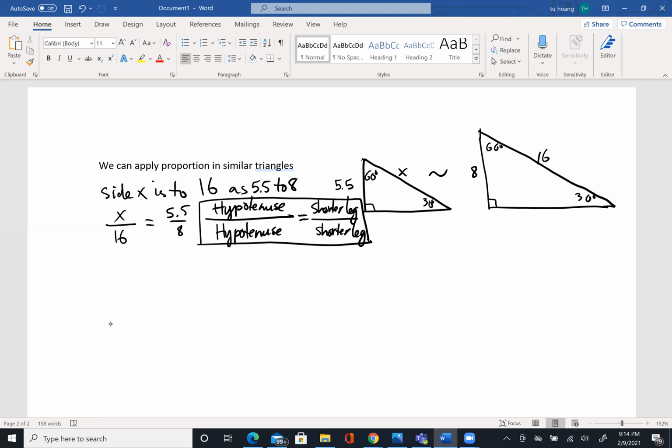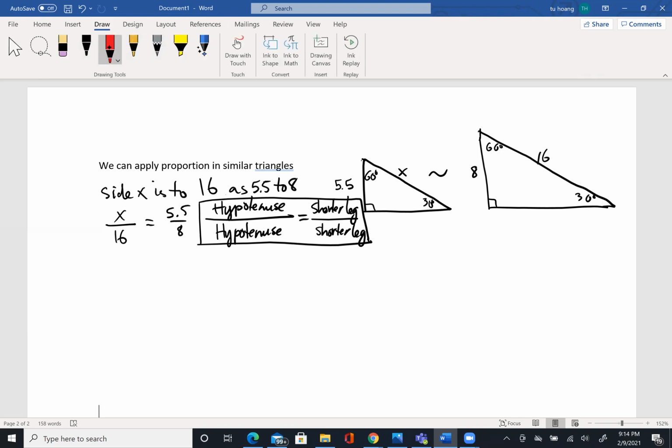Okay. So to solve this, I can just multiply by, sorry, by 16.